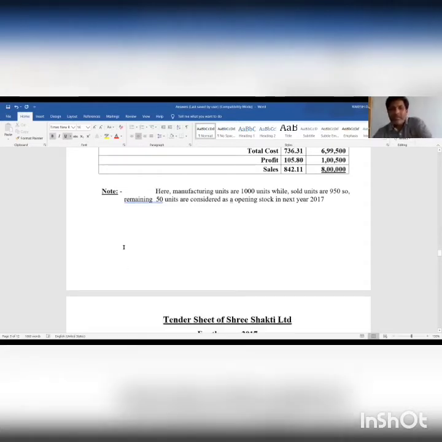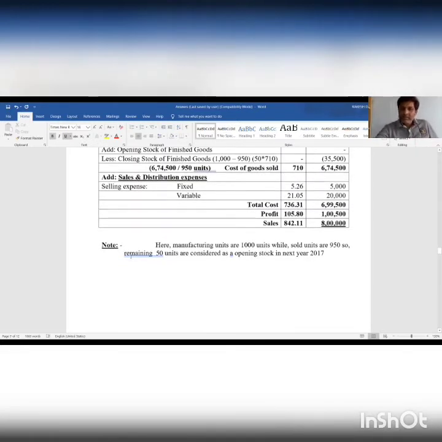Here, as given, manufacturing units are 1000 while sold units are 950. So the remaining 50 units are considered as opening stock in the next year, 2017.